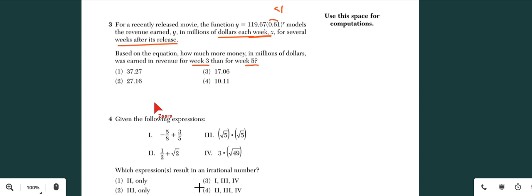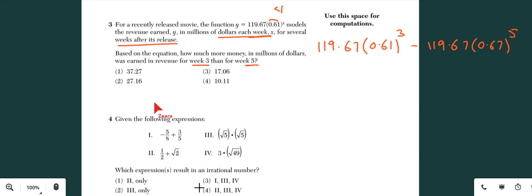Initially, you will substitute x with 3, and how can you easily calculate that? Please use your calculator now for this. We have to end them quickly. So 119.67 times 0.6 raised to the power 3, minus 119.67 times 0.6 raised to the power of 5.